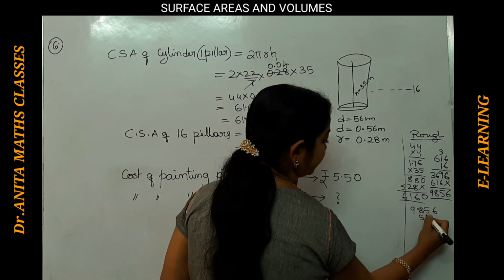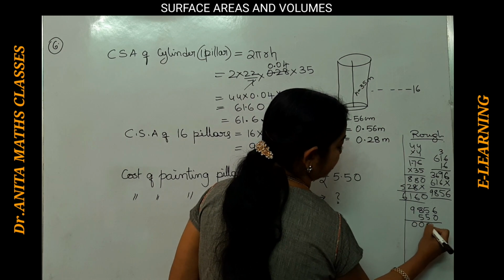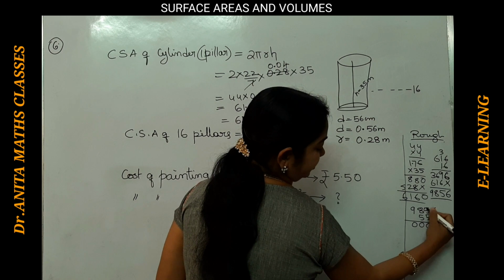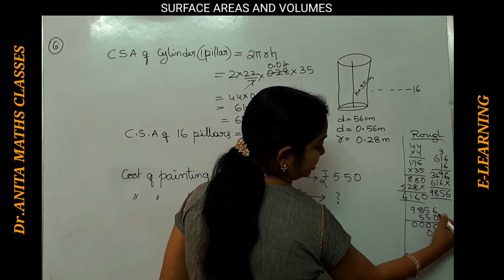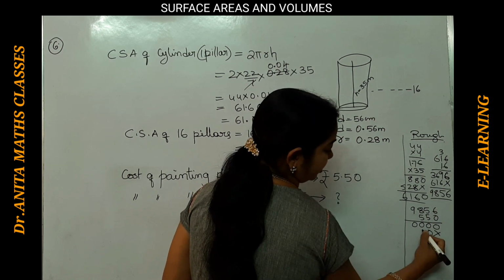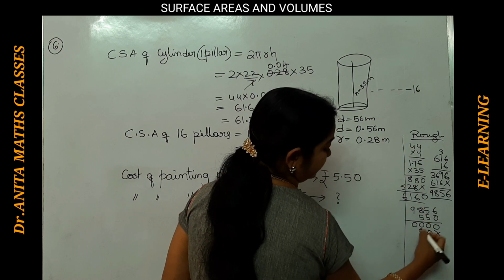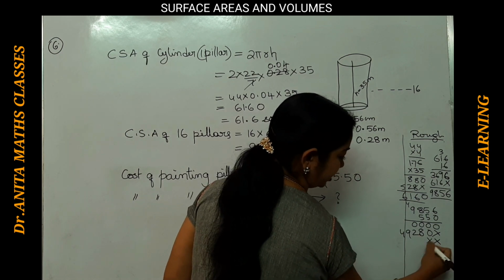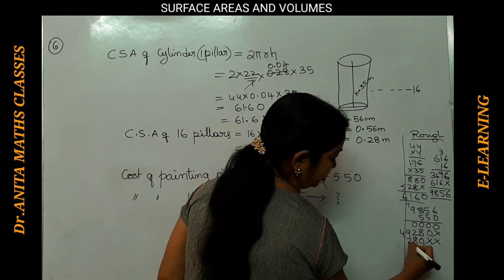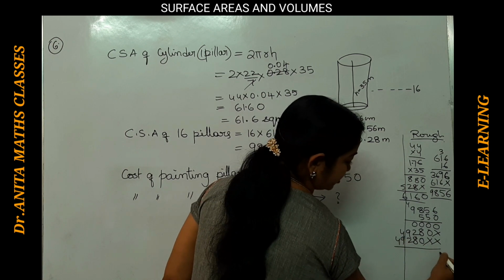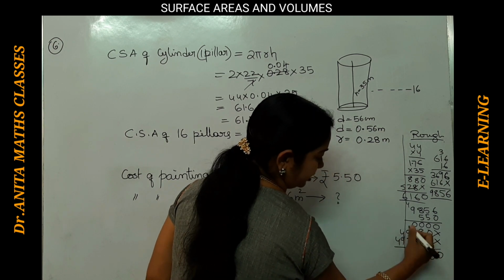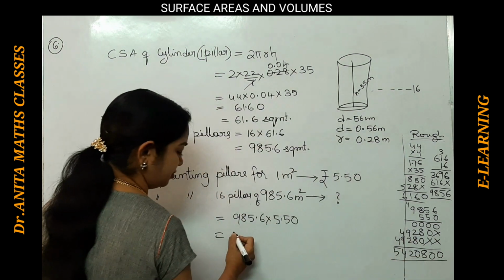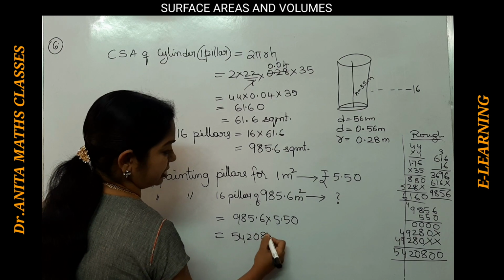So this is 9856 into 550. Multiplying, this comes to 5420800.